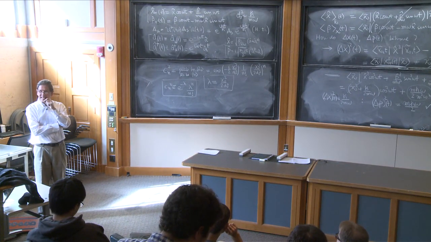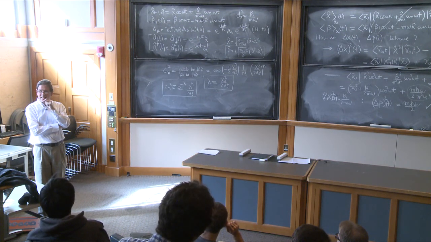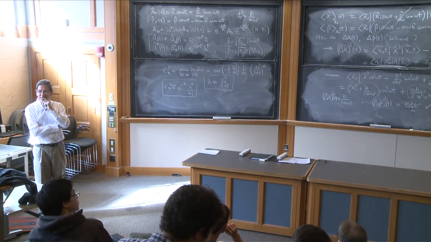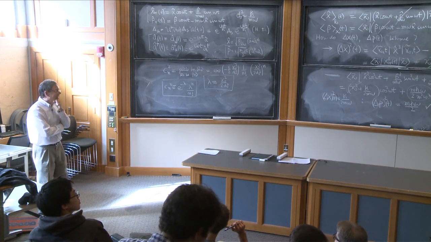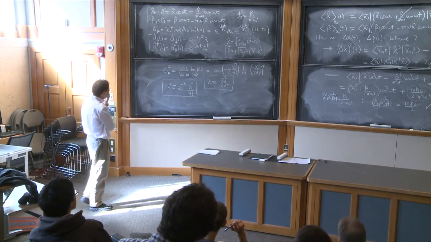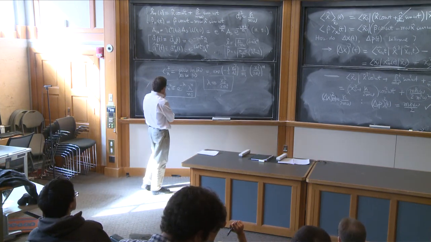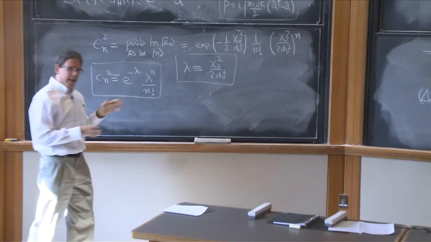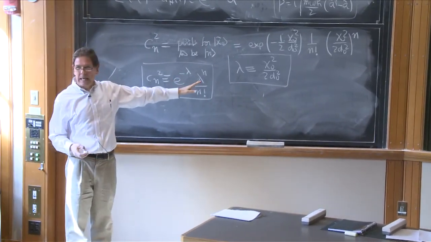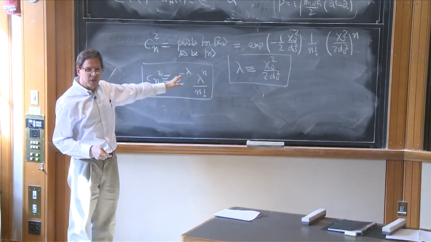Yes? Is that something that we should expect to be true for any type of coherent state, or is that something that we just really need about the quantum harmonic oscillator? Well, let me say it this way. In a second, it will become clear that this was almost necessary.